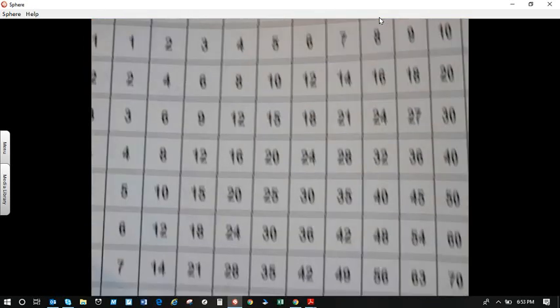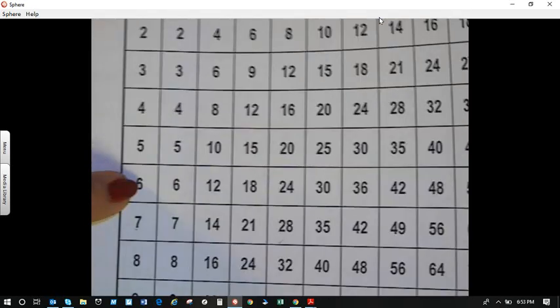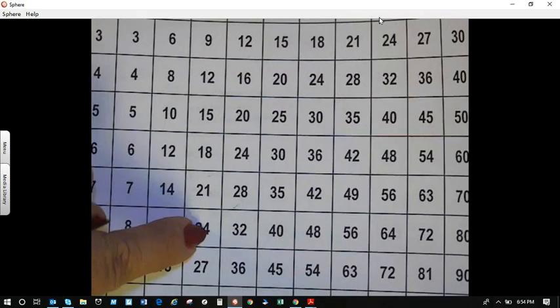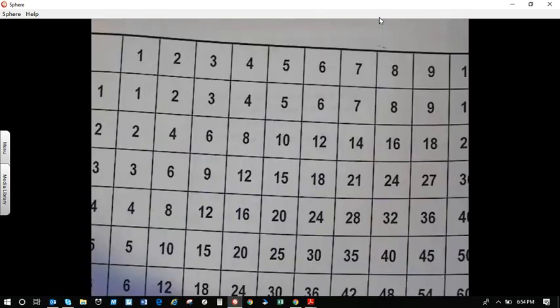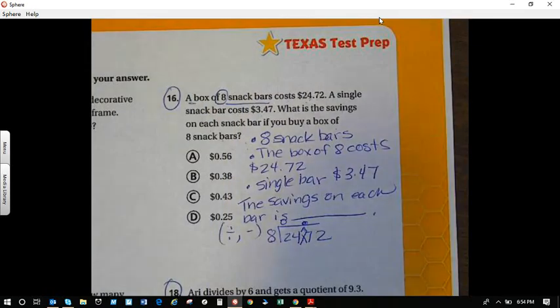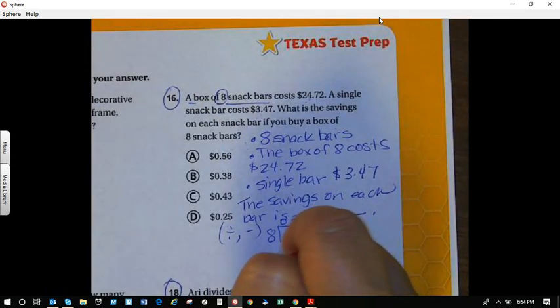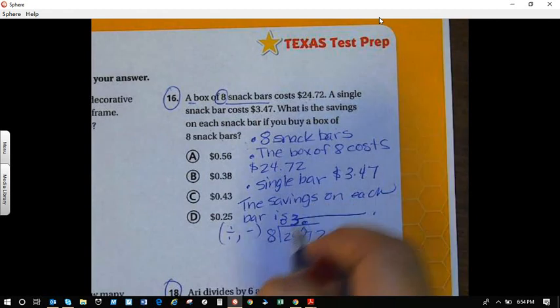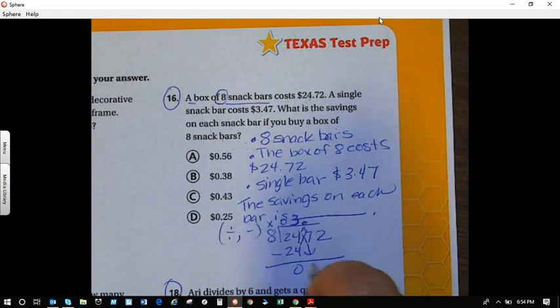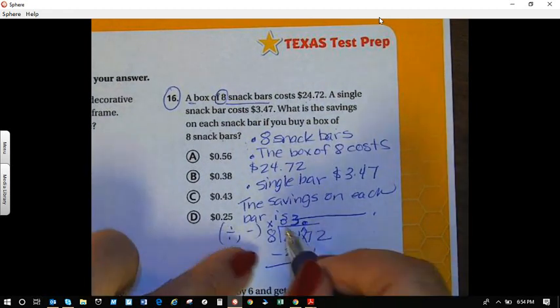You're scrolling down for the 8. I cannot go over 24. Well, look at there. There's 24. I move it up, and it goes 3 times. Because 3 times 8 is 24. Bring down my 7. Well, can't go.